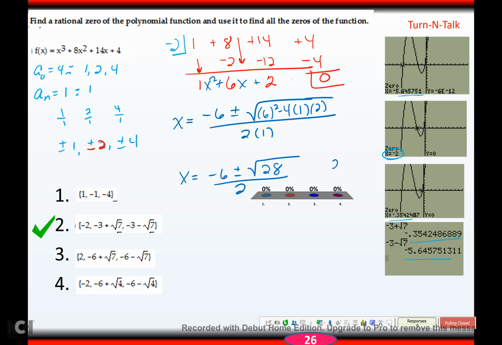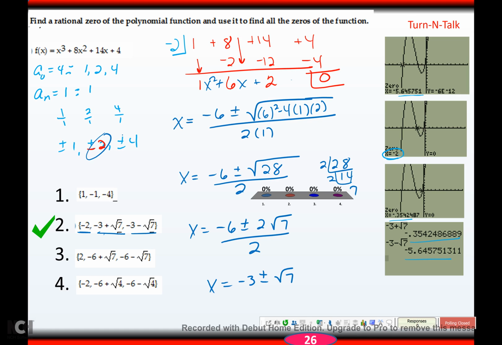If I break down 28, by 2 is 14, by 2 is 7, that gives me negative 6 plus or minus 2 square roots of 7 all over 2. Reduce by 2 and I get negative 3 plus or minus the square root of 7. So I have x equals negative 2, x equals negative 3 plus the square root of 7, and negative 3 minus the square root of 7. This one is rational, these two are irrational. Total of 3.